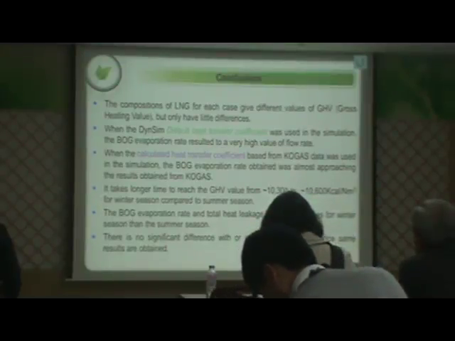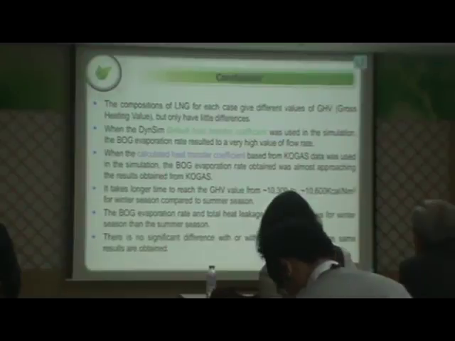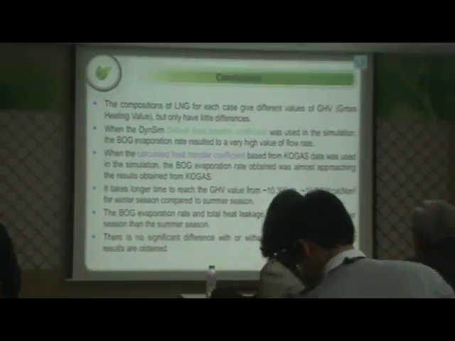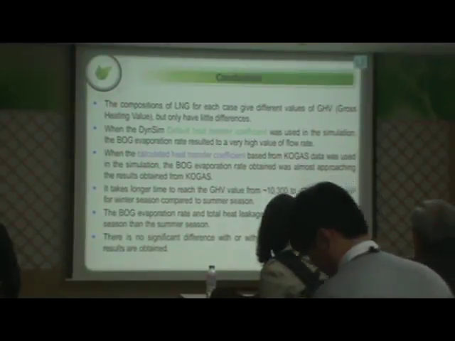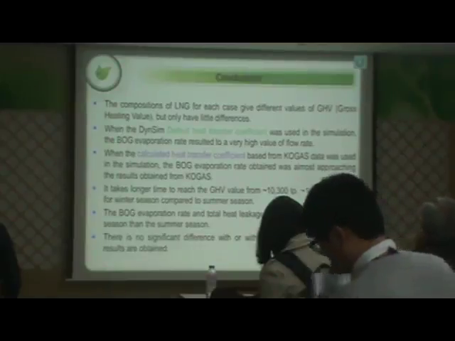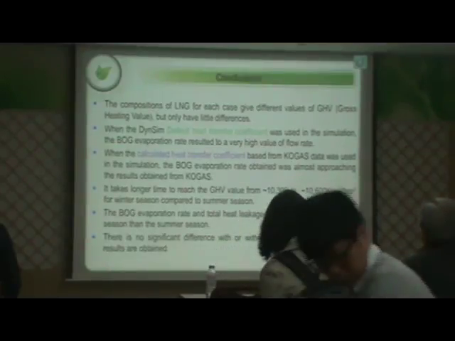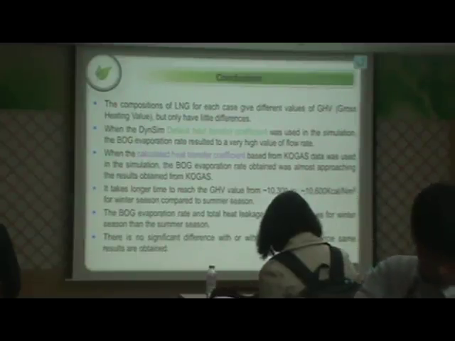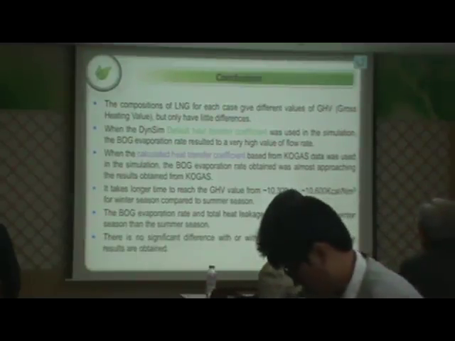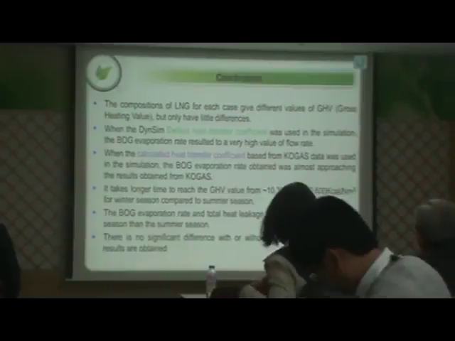When the Dynamium default heat transfer coefficient was used in the simulation, the BOG evaporation rate resulted in a very high flow rate. And when the calculated heat transfer coefficient based on TOGAS data was used, the BOG evaporation rate obtained was almost approaching the results obtained from TOGAS.